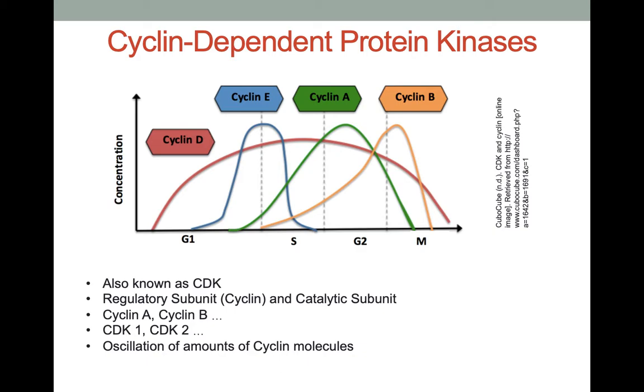And finally, there are CDK inhibiting proteins out there, so the use of those could regulate the cell cycle as well. But the activation or inactivation of these CDK molecules is what produces the signals pushing the cell through the cell cycle. And again, we want to do this in a specific, regulated manner to avoid catastrophe such as cancer.